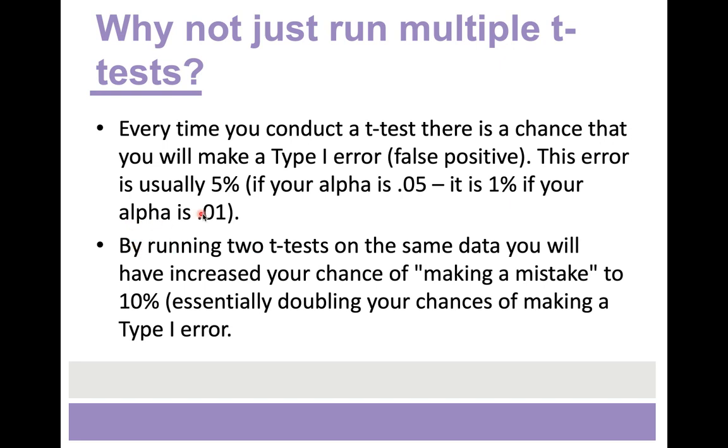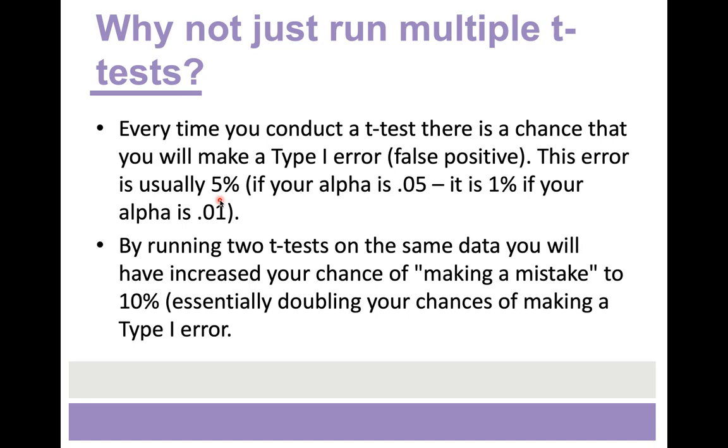If alpha is 0.01, then we reduce our chance. It's actually a 1% chance because it's a more stringent hurdle to jump over. So if every time I run a statistic, if alpha is 0.05, I have a 5% chance of making a decision error, making a type 1 error, then every time I run a test, I inflate my rate of that error.